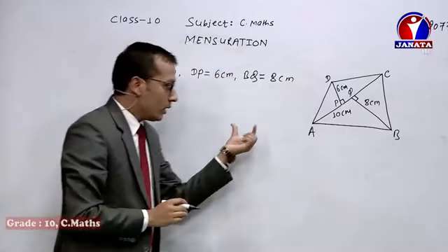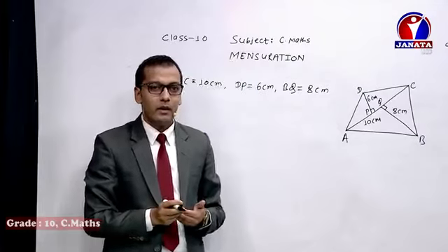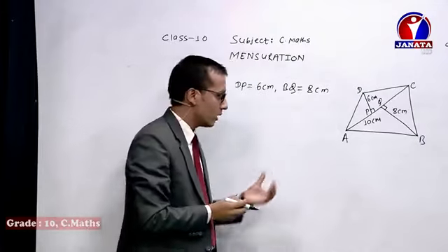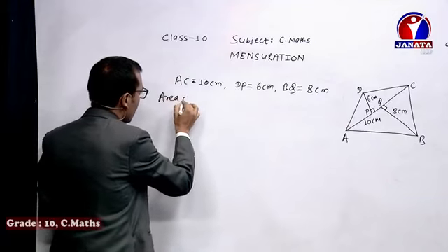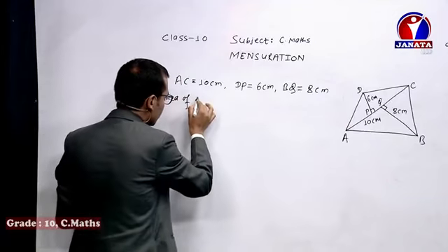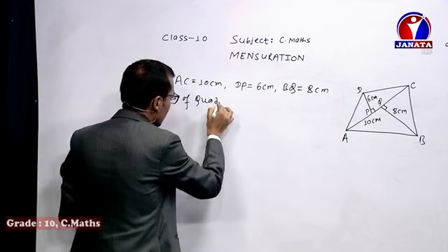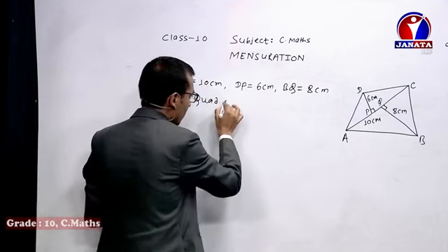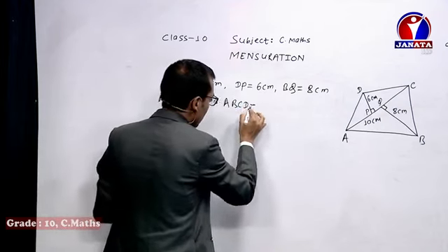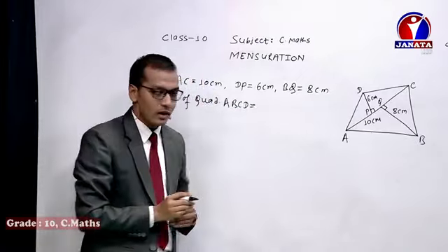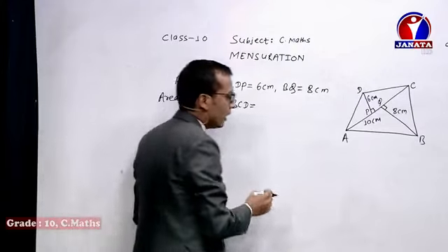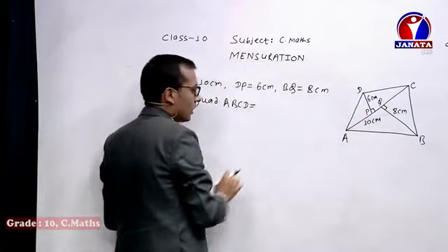Now I am using concept of area of triangle to find area of this quadrilateral. So area of quadrilateral ABCD is equal to sum of the areas of 2 triangles. So what are the 2 triangles here?